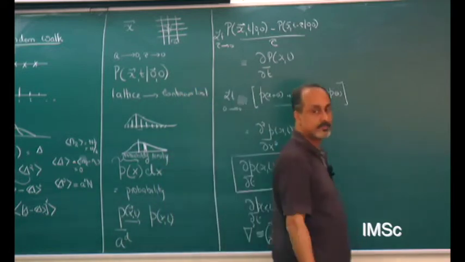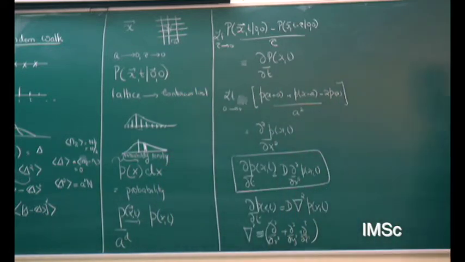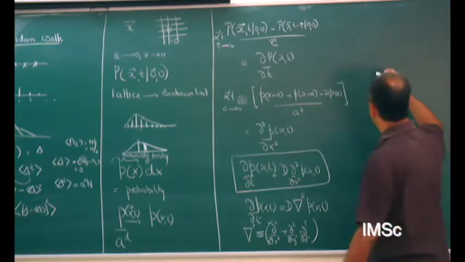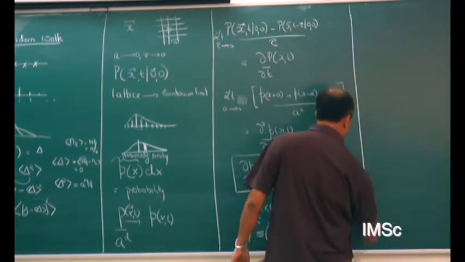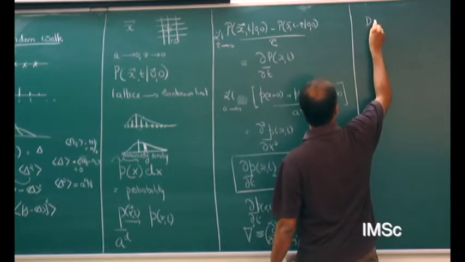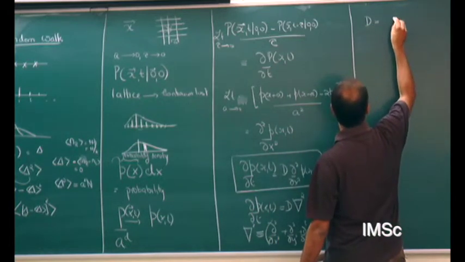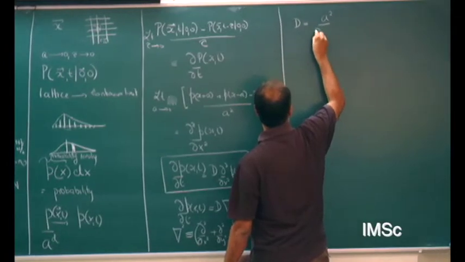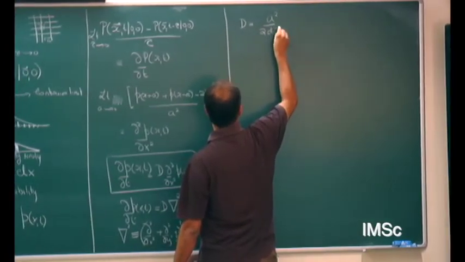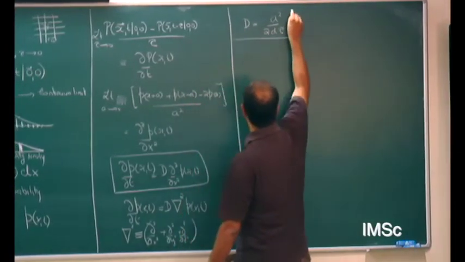Still, the diffusion constant has terms like a and tau, right? The diffusion constant D, the way we defined it, was a squared divided by twice the dimension d times tau. This is how we took this limit.